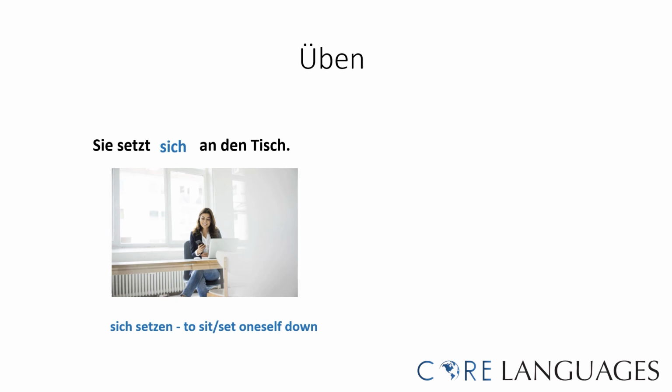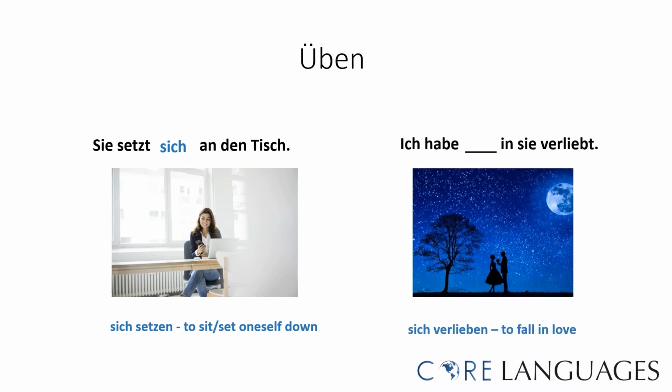She sits herself down at the table. And how about this example? Ich habe in sie verliebt. Ich is the subject, so the correct sentence is Ich habe mich in sie verliebt. I have fallen in love with her, or I have fallen myself in love with her.